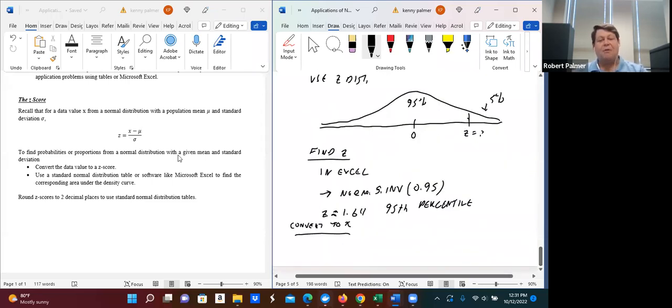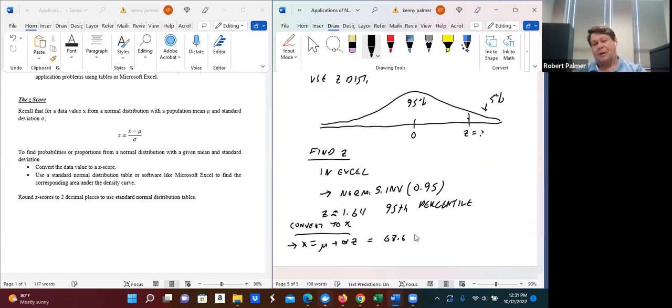If you solve this for X, multiply both sides by sigma, then add mu to both sides, you get X equals mu plus sigma times Z. So that's going to be 68.6 plus sigma, which is 2.8, times z, which is 1.64.